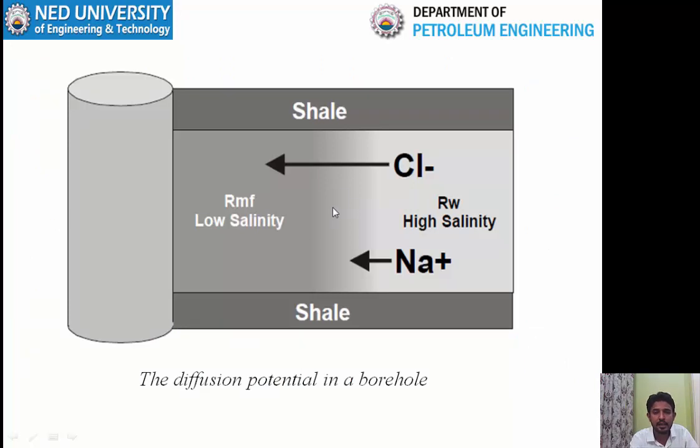And as you can see, chloride ions will migrate more from the high saline zone to the low saline zone, and basically this phenomenon is occurring in the permeable and porous sandstone. So the diffusion potential is basically the potential that has been developed in the porous and permeable formation, and we have seen that the potential has been developed because of the migration of the chloride ions, as they are more mobile as compared to sodium ions.